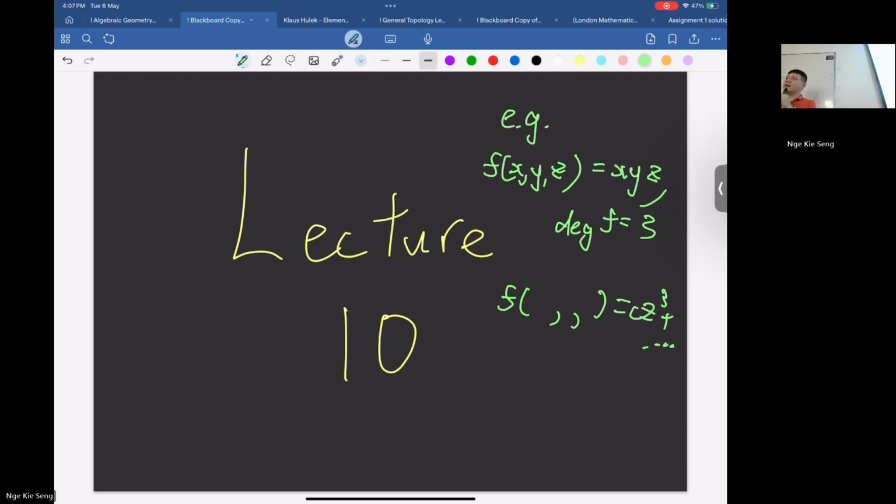No, you need to change your variable. It's not substitution. Well, you just do x plus z, y plus z.